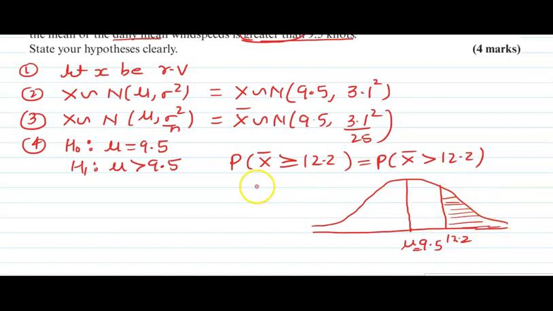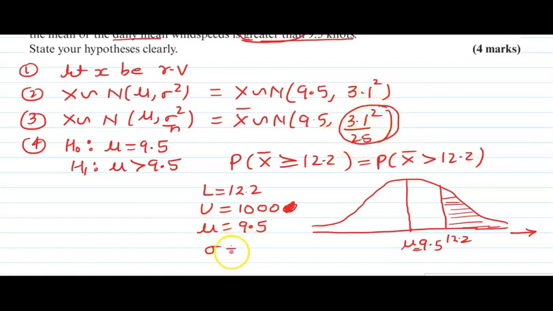So again, pick up your calculator. So your lower limit will be 12.2. Upper limit will be, if you are going in this direction, you can take 1,000, 100, 1 million, anything. So I have taken 1,000, right? Mu is how much here? 9.5. And sigma, remember, whatever is here, you need to take the square root of that. So it should be a square root of 3.1 square over 25. That is 3.1 over 5.